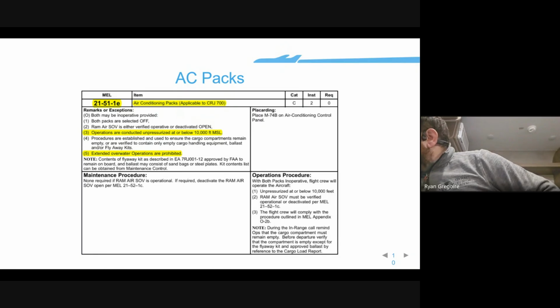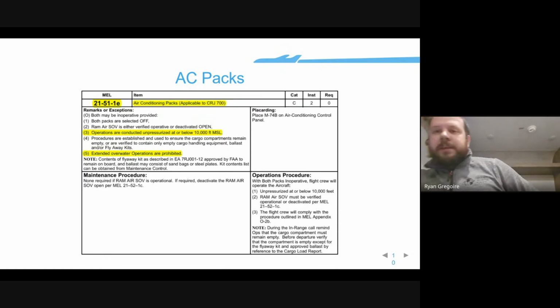So, I was wrong. There is not a passenger restriction with this. However, there is that 10,000 foot flight level restriction.